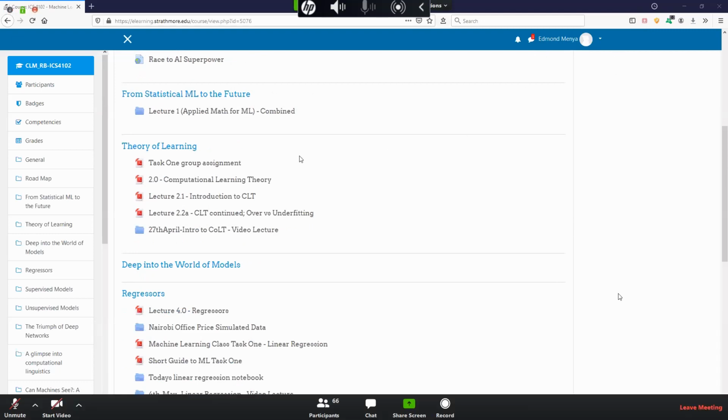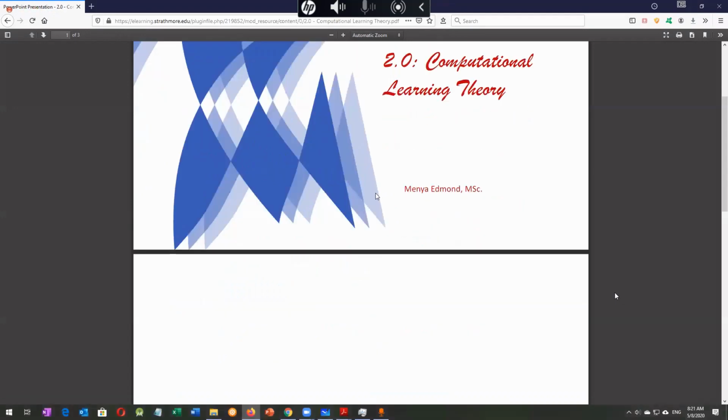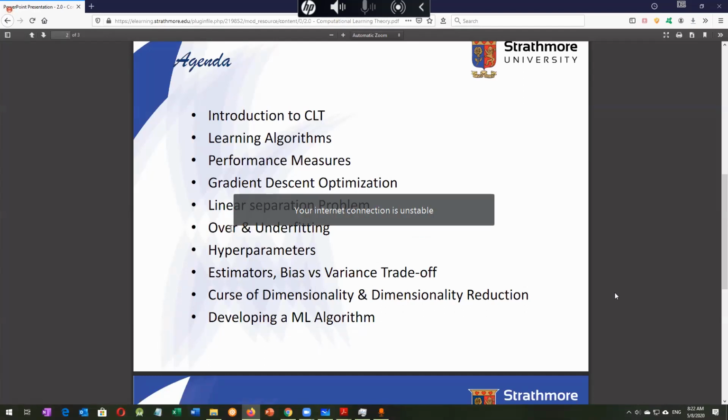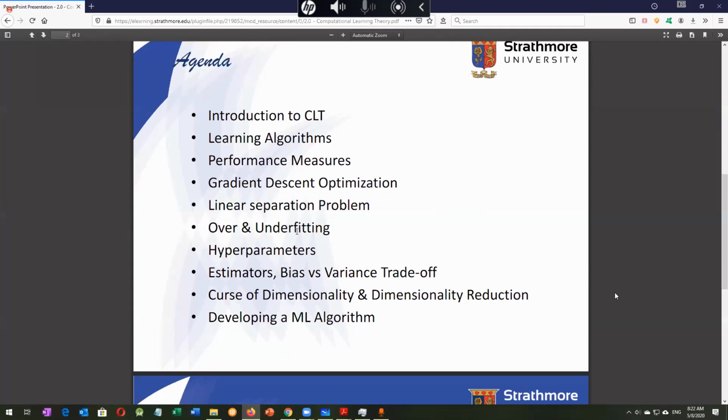So if you remember computational learning theory, it's actually here, the agenda. We discuss a lot of things, the theory behind machine learning. We have already discussed performance measures. We talked about gradient descent last on Monday. Linear separation problem, I will talk about it, but today I'm talking about underfitting.